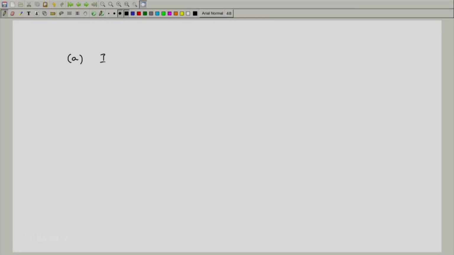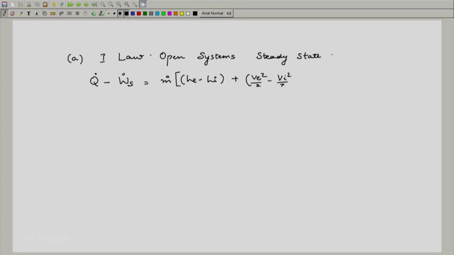We write the first law for open systems and steady state, that is our assumption. So, we have Q dot minus W dot S is equal to M dot times He minus Hi plus difference in KE plus difference in the potential energy. This is assumed 0, it is adiabatic, there is no work transfer.